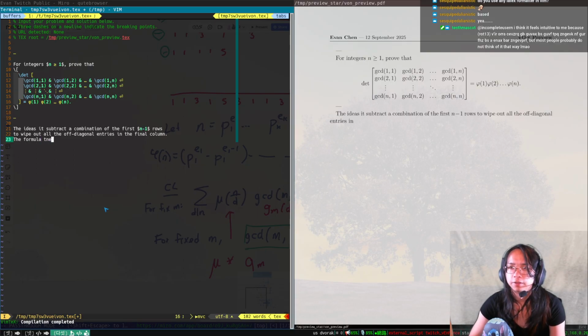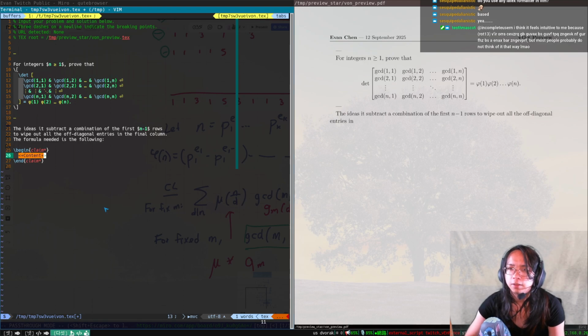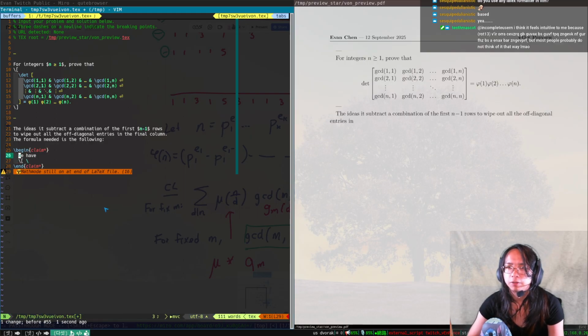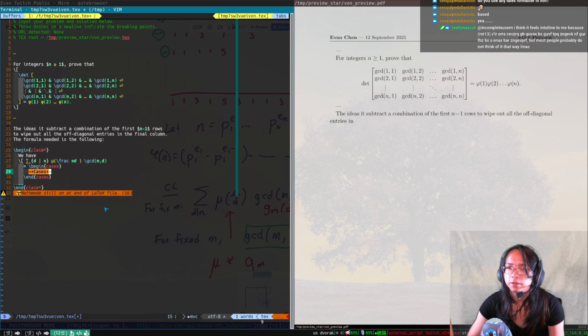The formula needed is the following. Okay, we have, for sum over d dividing n of n over d, GCD of m and d equal to 0 for m less than n, and n for m equals n.